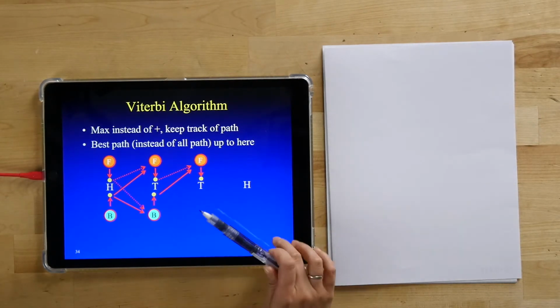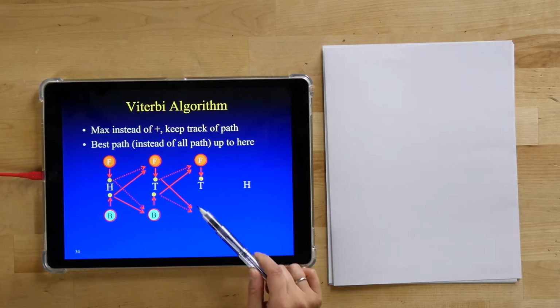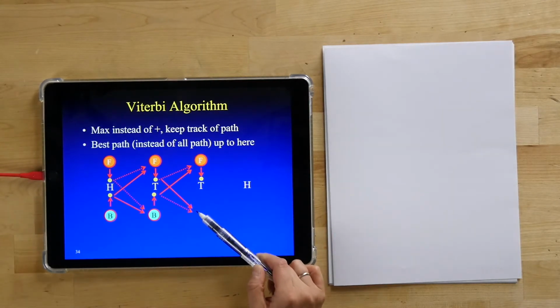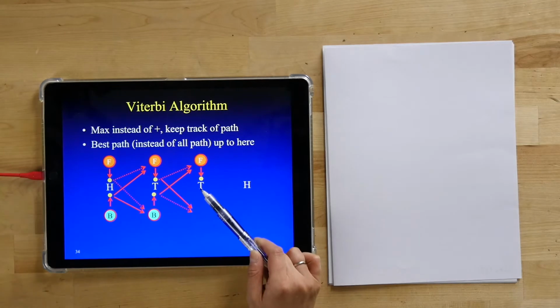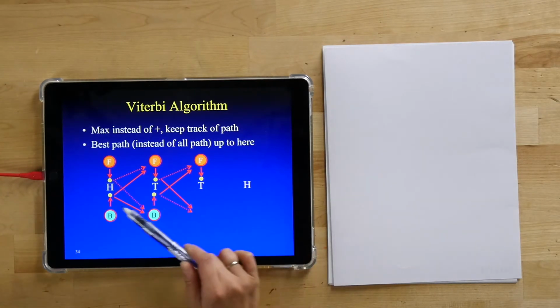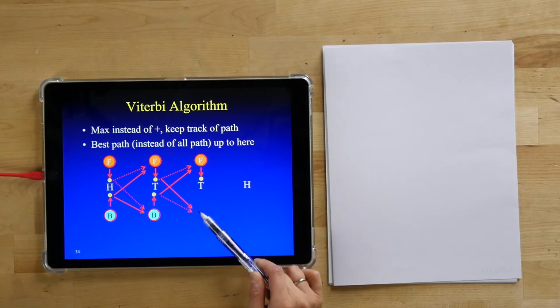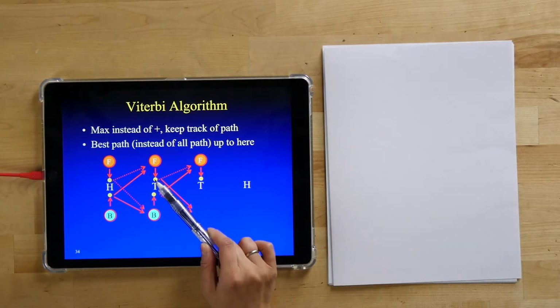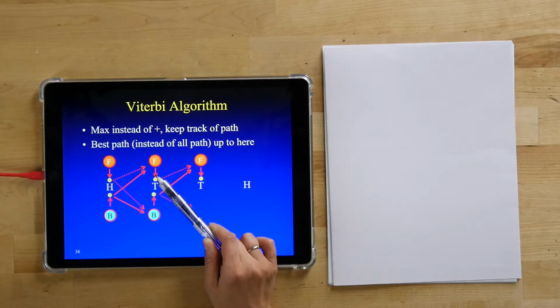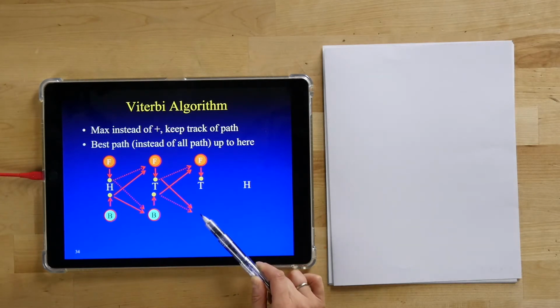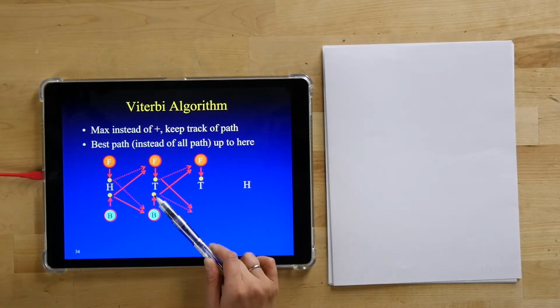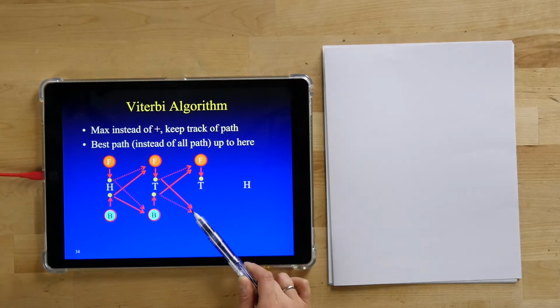We can also calculate the bottom side, which is what is the chance that I'm going to use a biased coin in order to see this tail, or what's the best path to get here using a biased coin here. You say, okay, either I use a fair coin before, I inherit this yellow dot, multiplied by the transition from fair to biased, or I inherit this yellow dot, use a biased coin, and then transition from biased to biased.